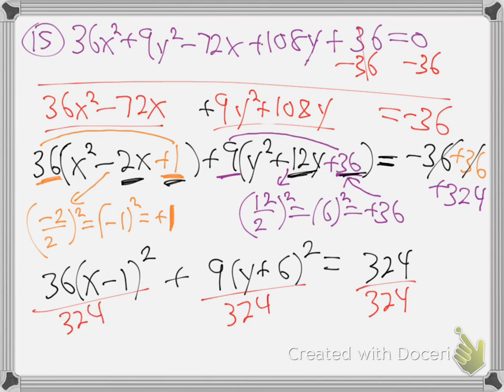And then use your calculator. 36 into 324, was it 9 times? Yep. And 9 into 324, 36 times. Like they trade. And this is 1.